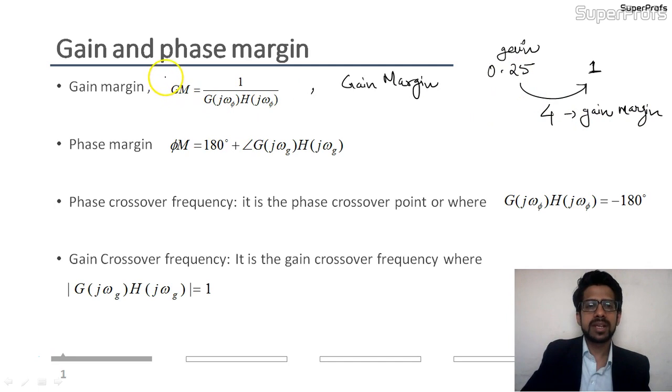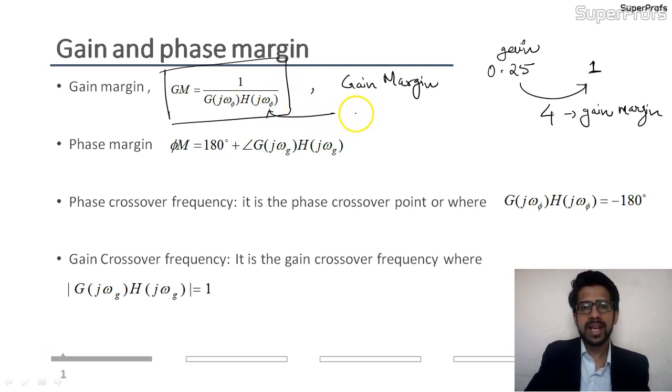Essentially, this formula can be given by gain margin is equal to the inverse of the magnitude of g of j omega phi into h of j omega phi. Look at this term closely, that is omega phi is there.